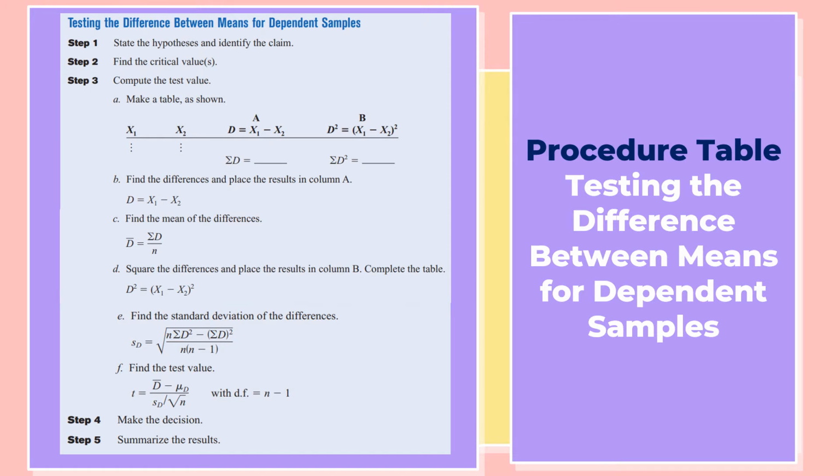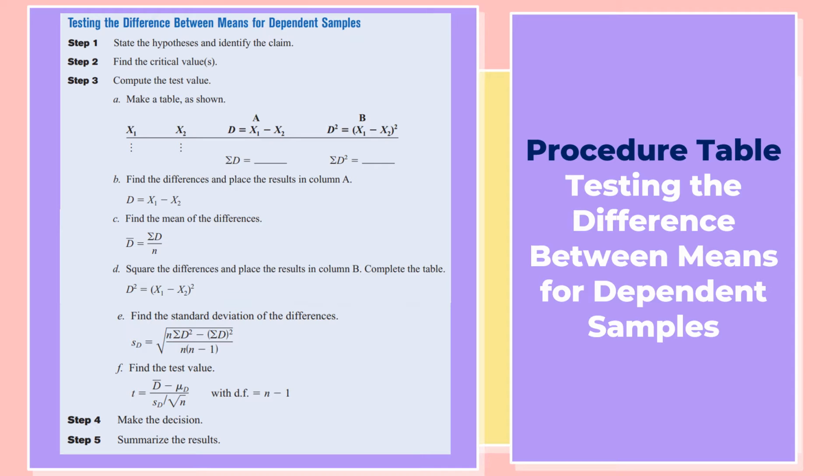But for this Chapter 9.3, we have this procedure table since we are testing the difference between means for dependent samples. Meron pa rin tayong hanggang step 5, katulad ng traditional method. But here, for step 3, in computing the test value, meron pa tayong 6 steps.